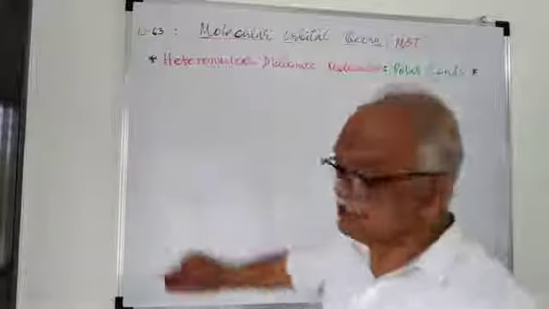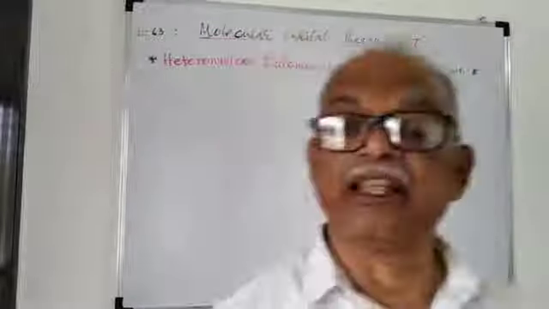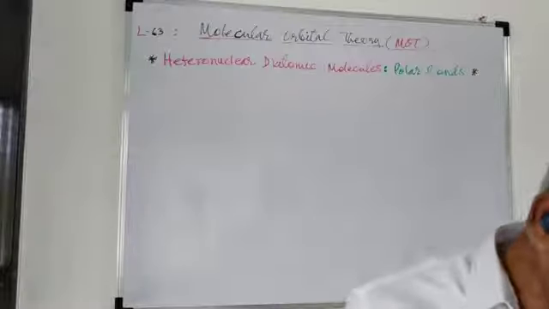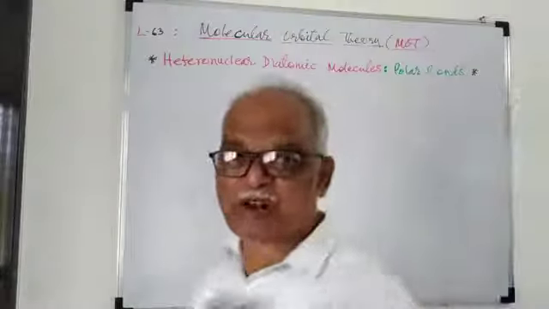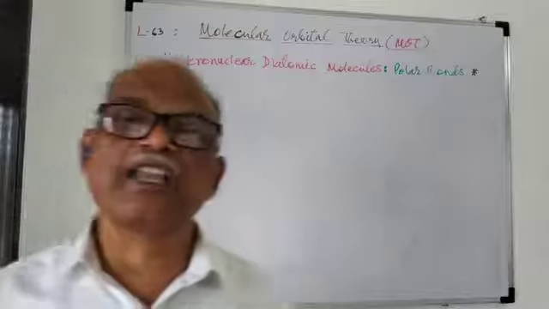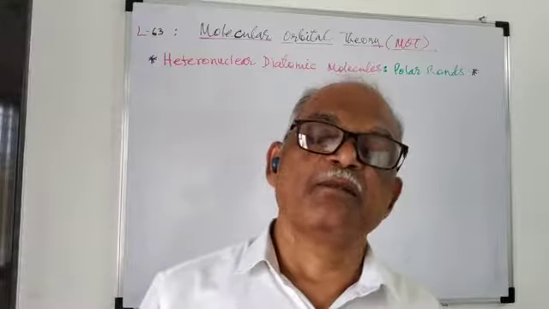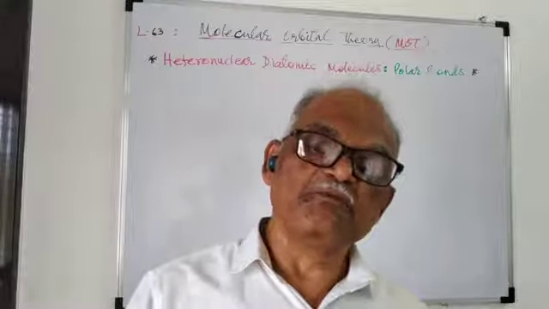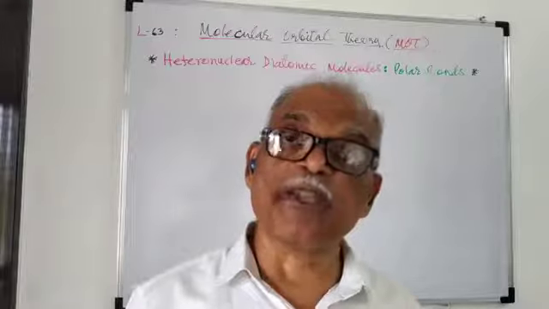So in this way, in case of homonuclear diatomic molecules, we have seen the comparison using these potential energy values. Now there is another important term which we use in the formation of molecular orbitals using atomic orbitals.